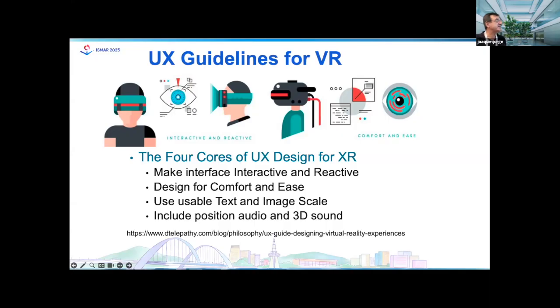Make the interface interactive and reactive, so it's obvious how you can change the state, and it's obvious to understand what changes you made to the state. Going back to the design principles, it should be clear what you can do, and it should be clear what state the system is in and what functions are available to you.